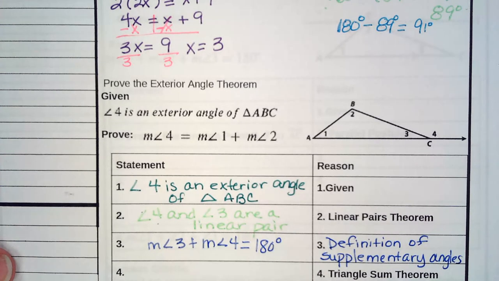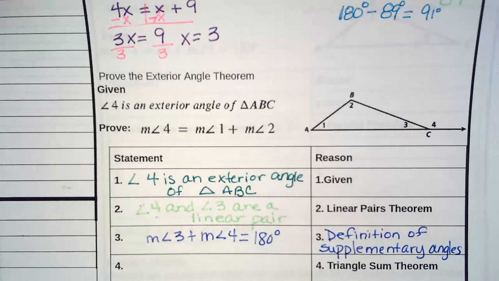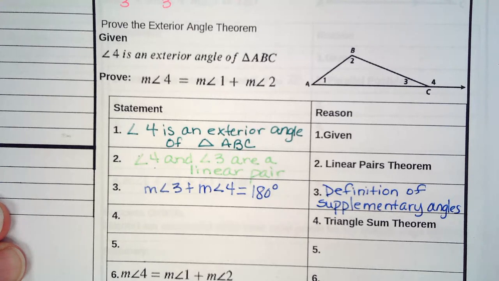Okay, so we've used the fact that you've got an exterior angle. We've used the fact that that creates a linear pair. If they're a linear pair, they're supplementary. What is our triangle sum theorem? Well, the triangle sum theorem states that the measure of your interior angles adds up to 180 degrees.